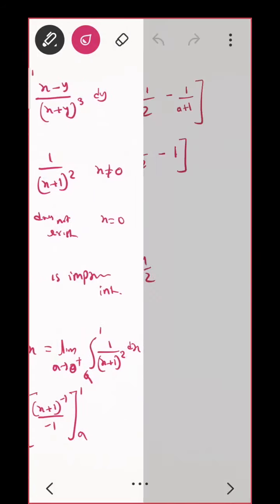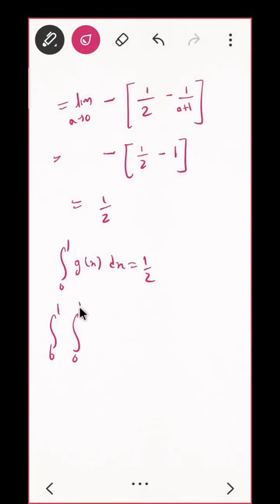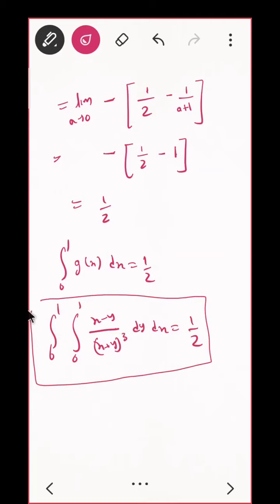It is integral 0 to 1 of x minus y upon x plus y the whole cube, dy inside, dx equal to 1 by 2. This is what we did in the first part. Let me just repeat it.